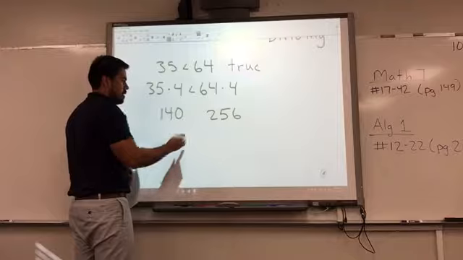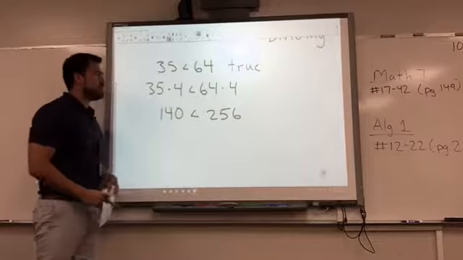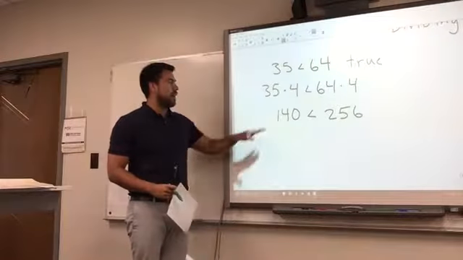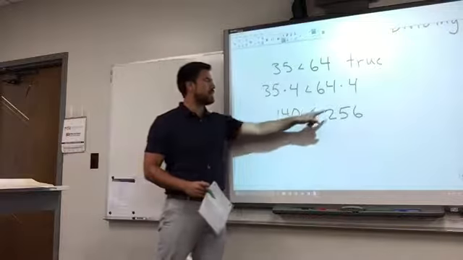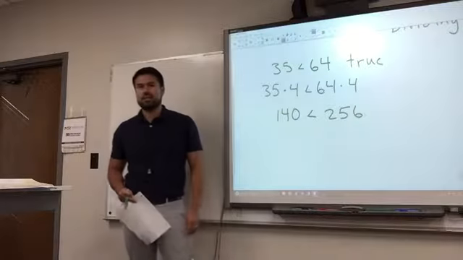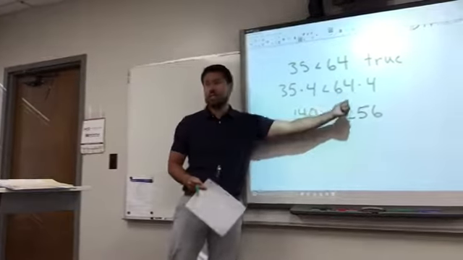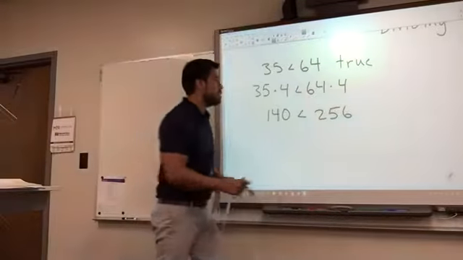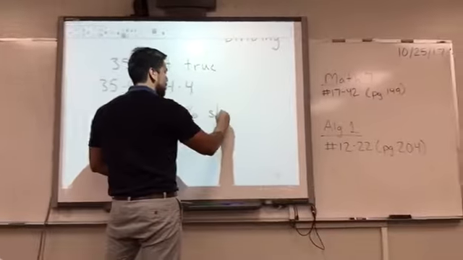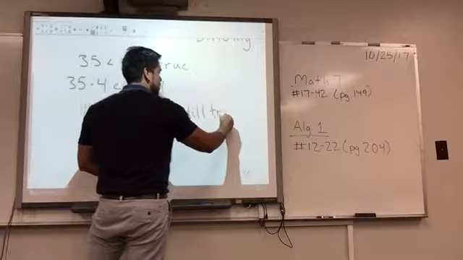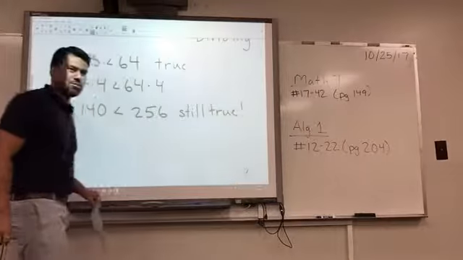How many of you would agree that 140 is less than 256? Is that what you got for 35 times 4 and 64 times 4? So I'm going to write here, still true. Still true. And I'm going to put a little exclamation point.